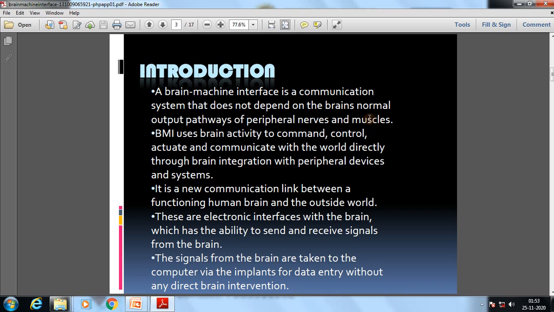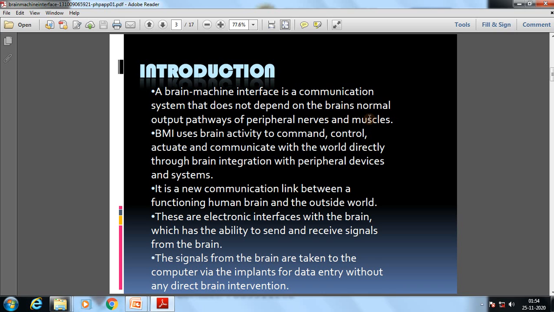It has been prosthetically created, a new part. So we have to create another communication link with our brain. This is the definition of brain machine interface.